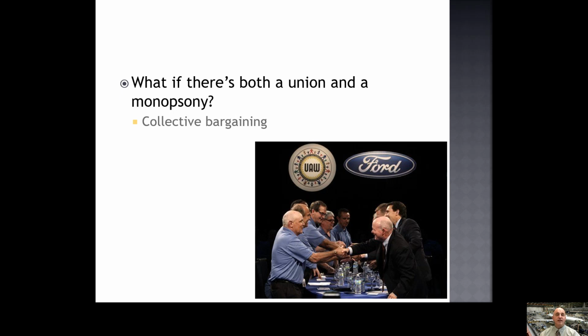For example, in coal country, the coal companies are the monopsonist, and the United Coal Workers Union is a very powerful union. And oftentimes they're at odds with each other. So maybe the union goes on strike for better wages, but maybe the employer, the coal mine, just says we don't like that, and they'll close the doors to the workers.